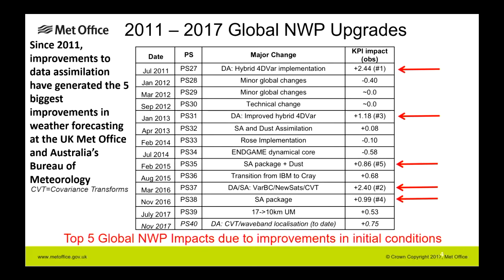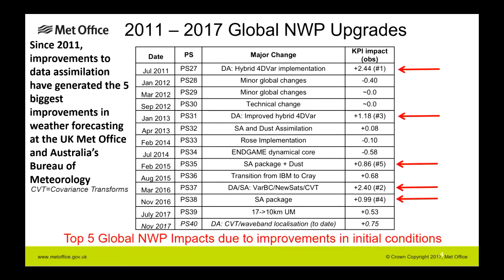It sort of summarizes everything. It's kind of for a UK user rather than an Australian user. But what you see, this is from 2011 to 2017. Oh, sorry, this is just the global model. I think that's right. But anyway, the 5 biggest impacts were due to improvements in initial conditions or data assimilation. So we can just run through those.